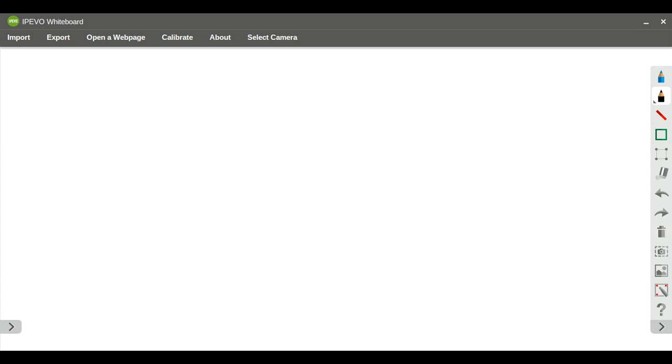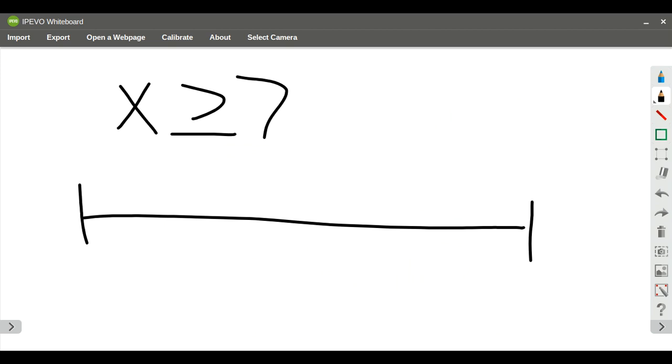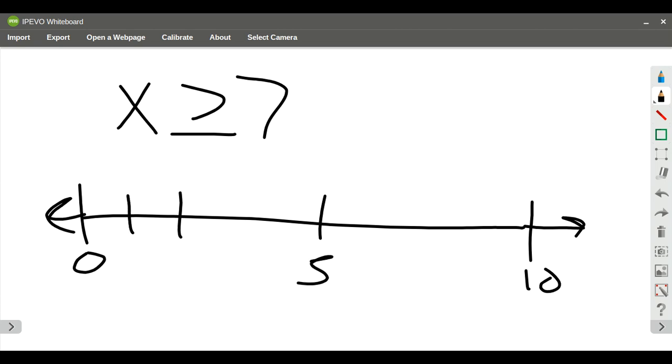So if I have x is greater than or equal to 7, draw my line. I guess it needs to be arrows. So there's my 0, there's my 10. I'll draw some arrows out after it. There's my 5, 1, 2, 3, 4, 1, 2, 3, 4.